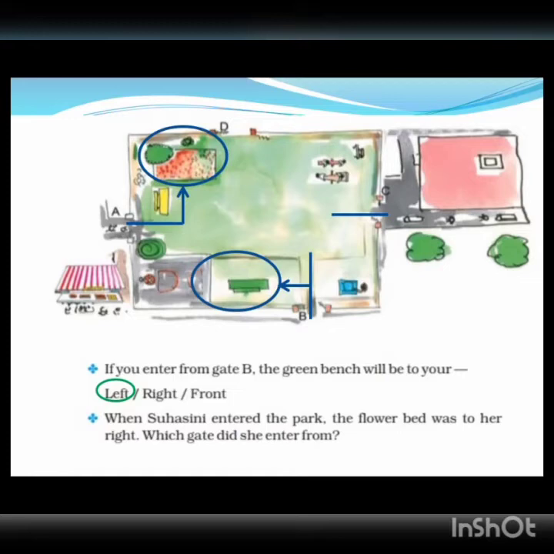Yes, gate C is not the correct answer because she didn't get the flower bed to her right. At last, check for gate D. When she entered from the gate D, yes, she found the flower bed to her right. So our answer is gate D.